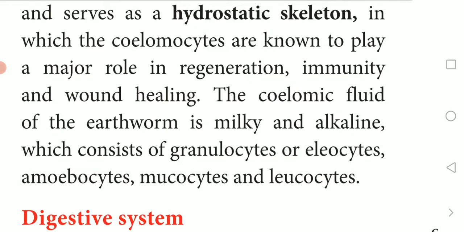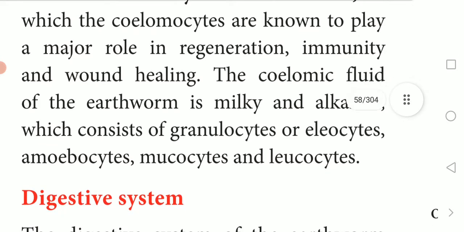You know what immunity is? If any pathogen enters, the immune system kills those pathogens, which means a virus or bacteria. And wound healing. Wound means if you get any hurt, it will be healed. That is what we call wound healing.